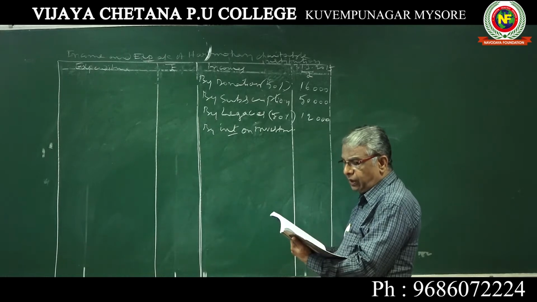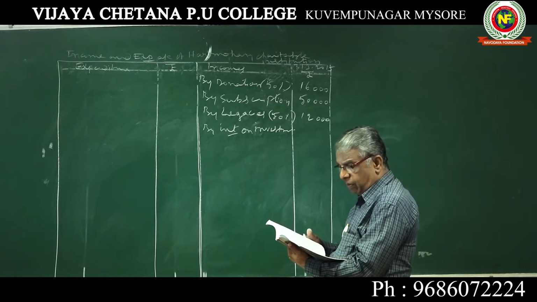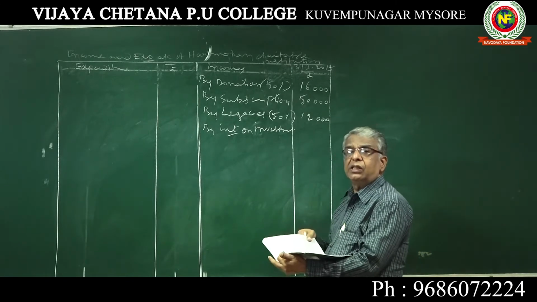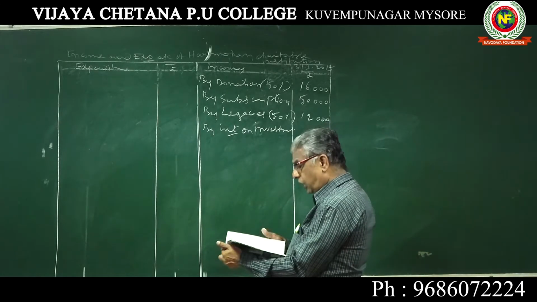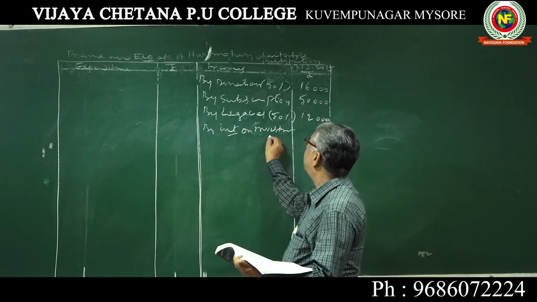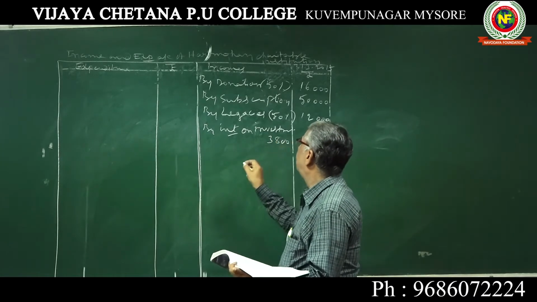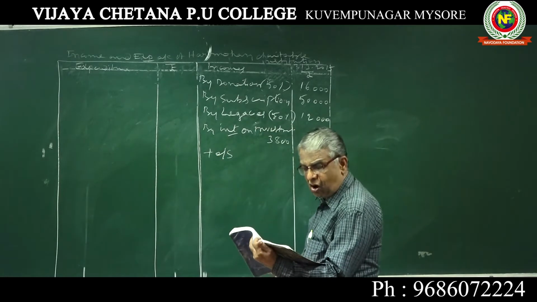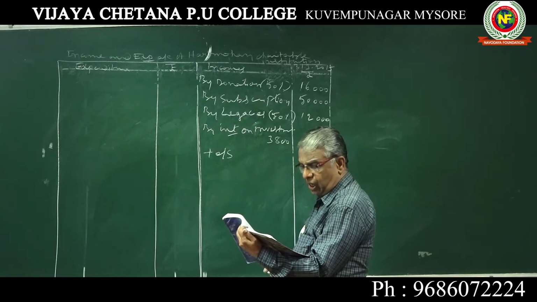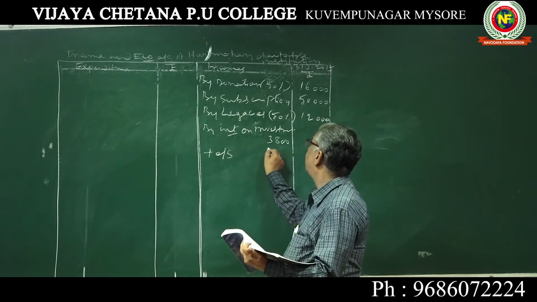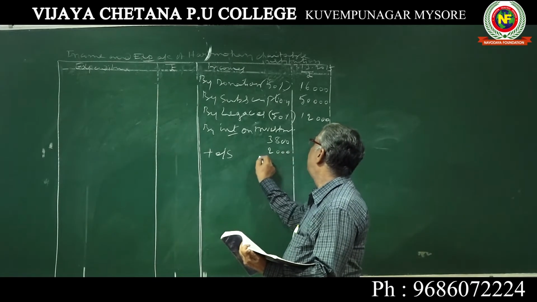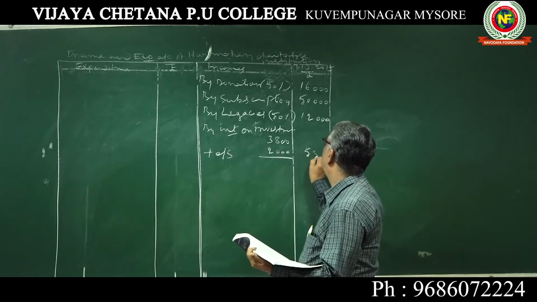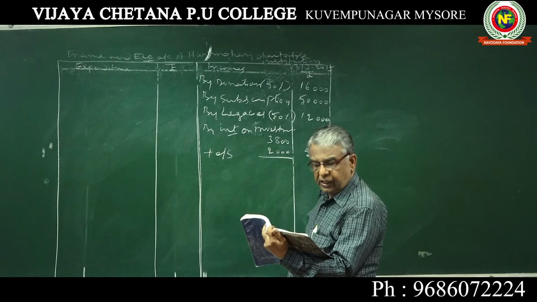So interest on investment they have received 3,800, but at the end of the year 2,000 rupees is still due. That is an income. So you take 3,800 in the inner column, and add outstanding interest on investment, income earned but not received, 2,000. Totally 5,800.